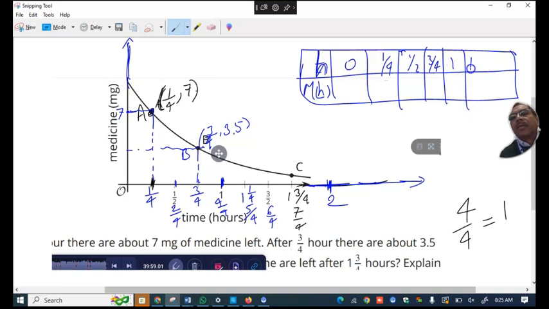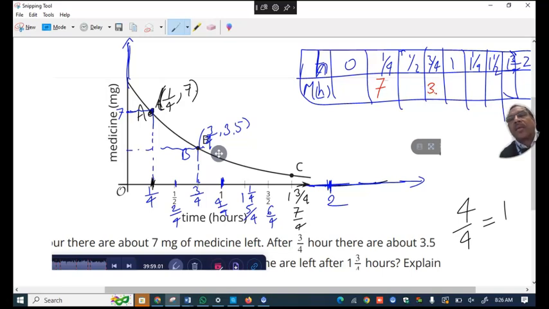See, correct. So after 1/4, it was 7, right? And then after 3/4 of an hour, it is 3.5.